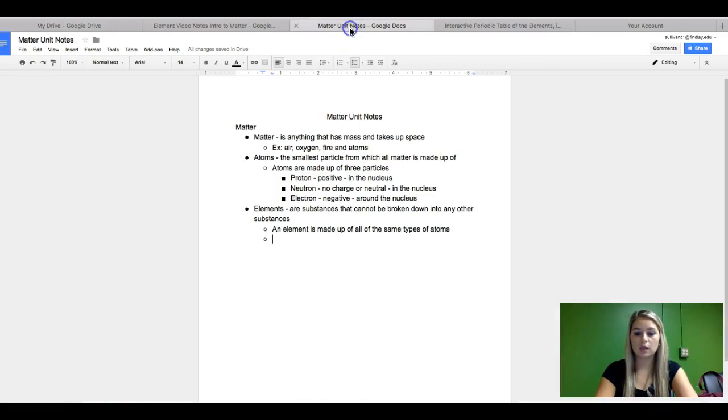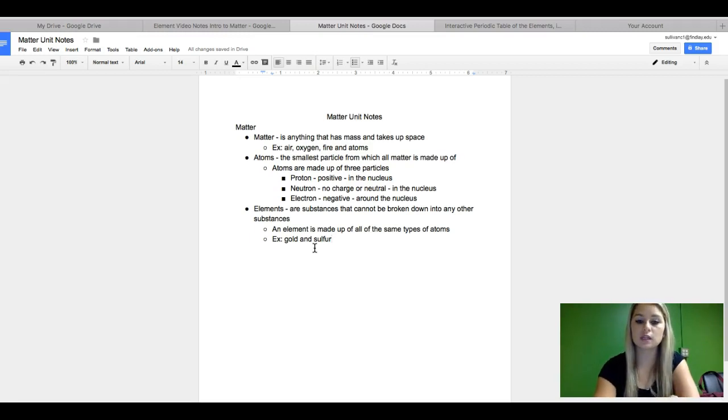If we go back here to our notes, we want to add some examples too. So some of the examples that I just talked about would be gold and sulfur. I just want to point out that when you all start to work on your concept cards, there are going to be a lot more examples that you could write down besides gold and sulfur.